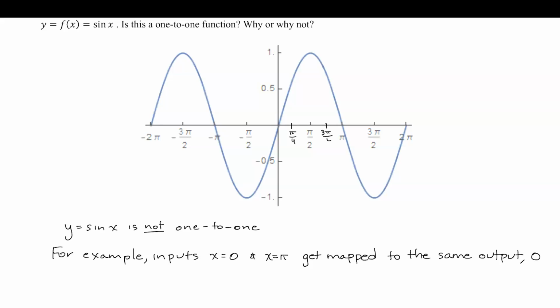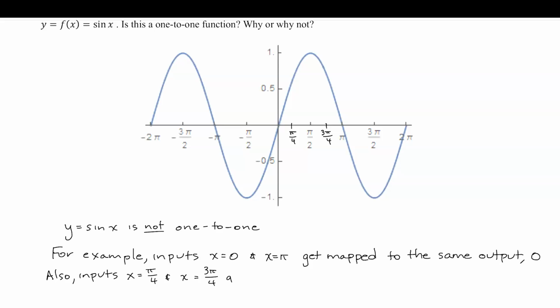We could also consider, for example, the inputs of pi over 4 and 3 pi over 4. These are not the only examples, but those both get mapped to the same output.